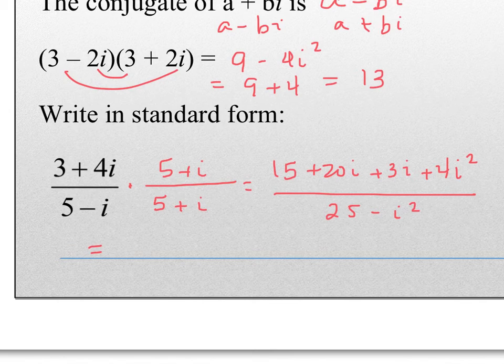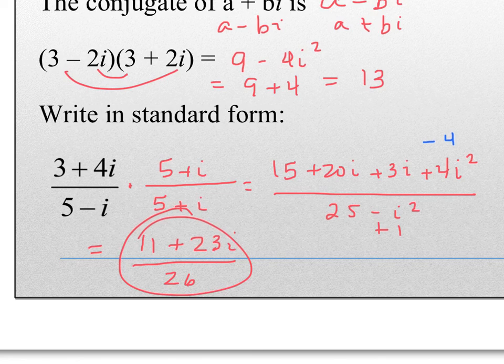Alright, so for the real part, 15 right here, this 4i squared is actually negative 4, because the i squared is negative 1. So we have 11 plus 23i, and in the denominator, what we have here, this is a plus 1. We'll have 26 in the bottom, and that is the lesson on rationalizing denominators and complex numbers.